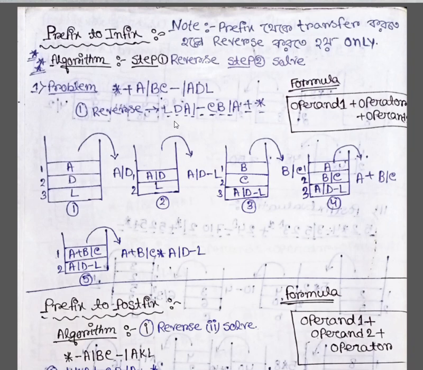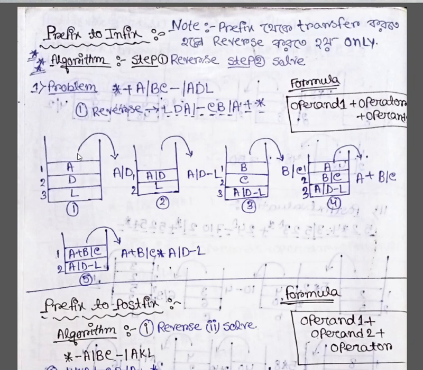We should keep pushing these operands inside the stack until we find an operator. So L is the operand, we pushed L. Then D is the operand, we also pushed D. Then A is the operand, we also pushed A. Now we encountered an operator, that is the division operator.